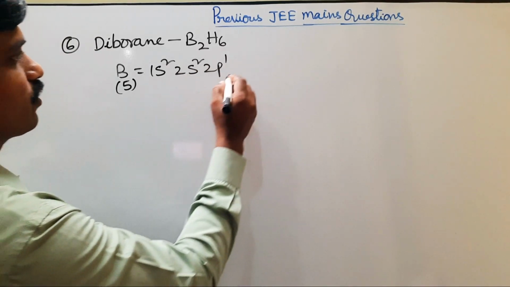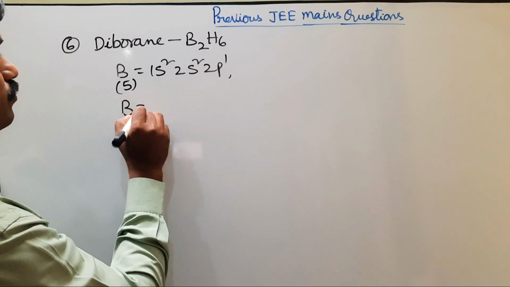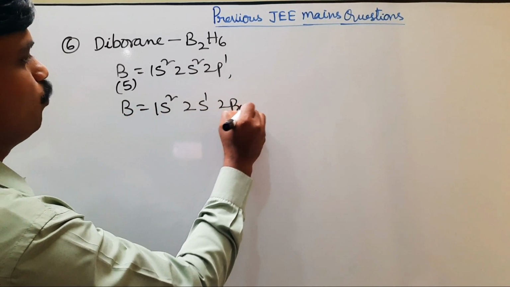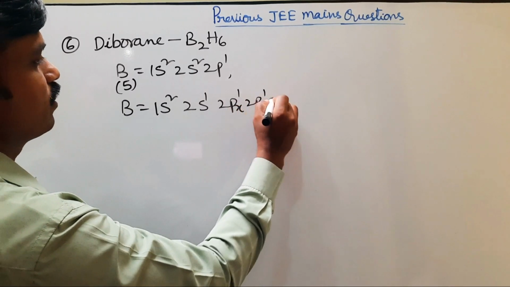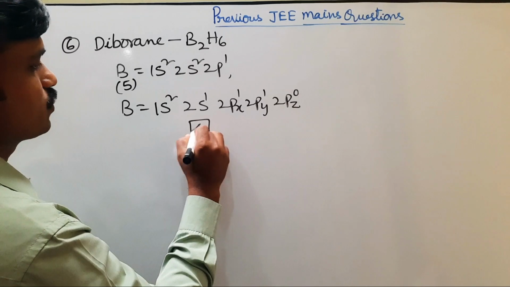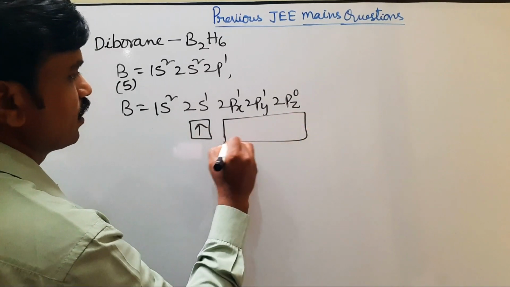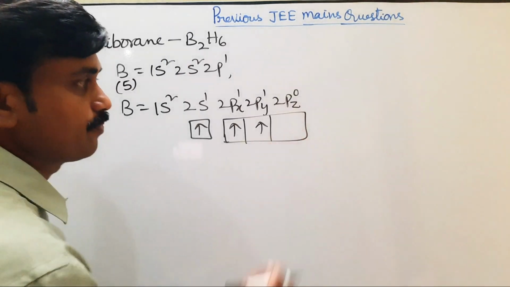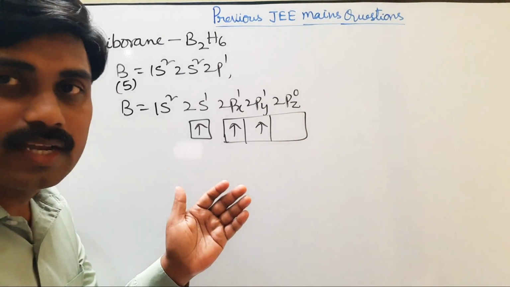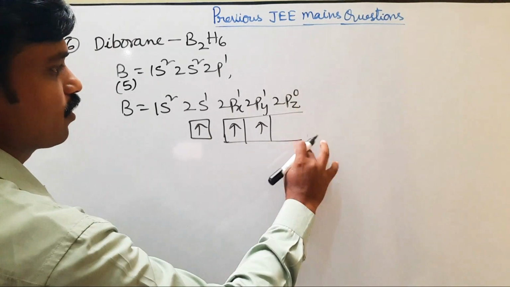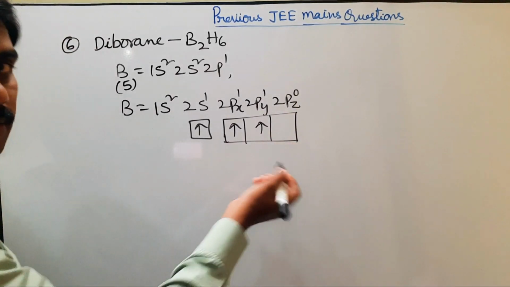Now the excited state electronic configuration of boron is 1s2, 2s1, 2px1, 2py1 and 2pz0. Now in its valence shell, s has one unpaired electron and p orbitals have 2 unpaired electrons and 1 vacant orbital. So the vacant orbital can also participate in hybridization. This is the exceptional molecule, where a vacant orbital is there.